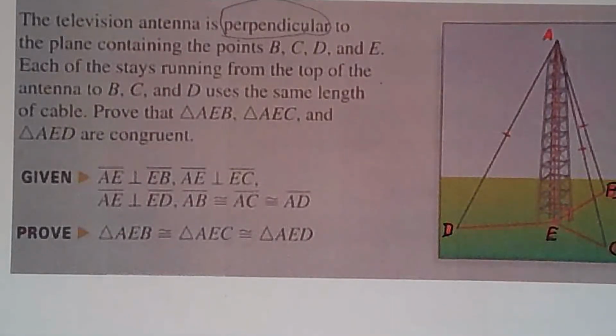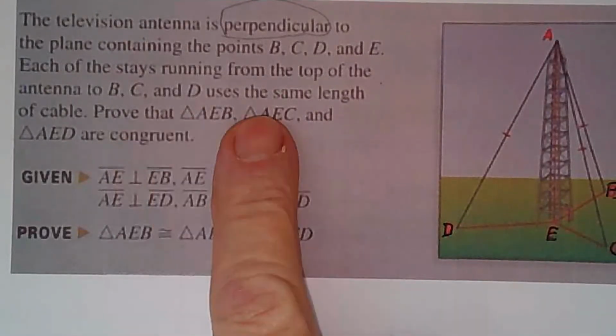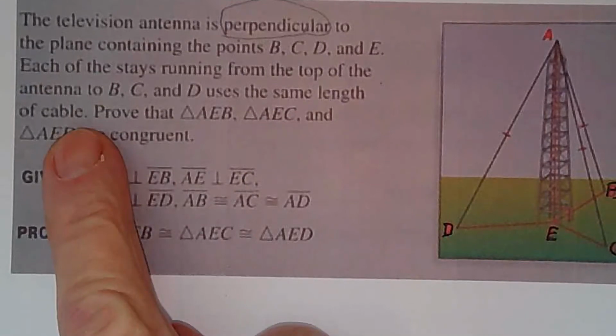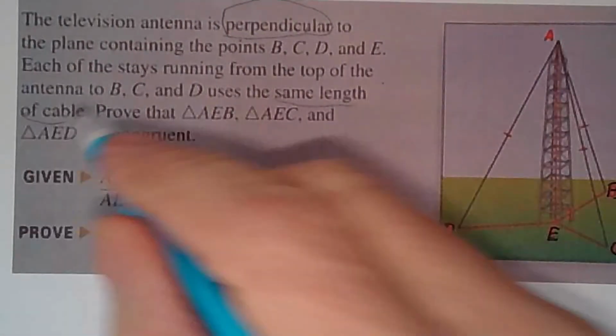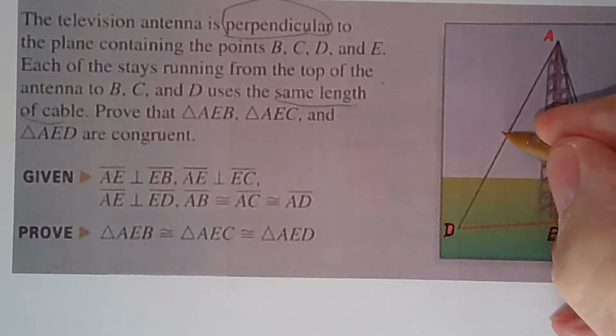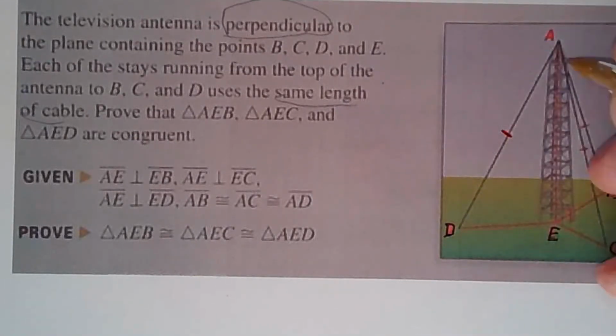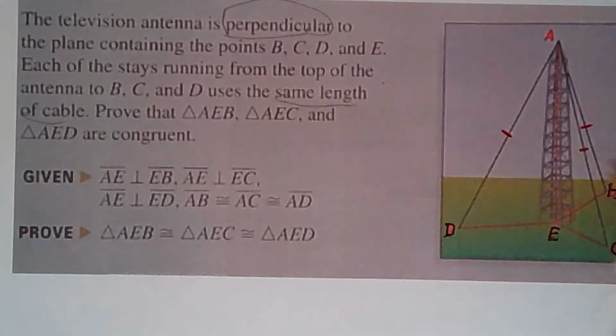But we do know, it says here, that B, C, and D, this cable is the same length. That's what it says. So that means the cable from A to D here is the same length as the cable from A to B, even though it doesn't look like it in this 3-dimensional figure, and from A to C. All those cables are the same length.